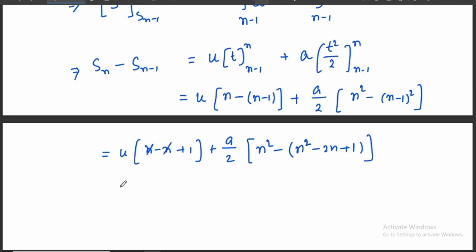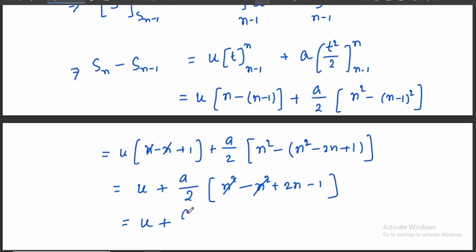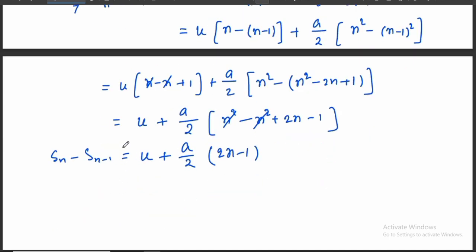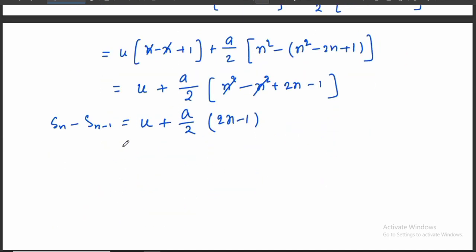So n gets cancelled, so it will be u plus a by 2 times (n square minus n square plus 2n minus 1). N square gets cancelled, so u plus a by 2 times (2n minus 1). So we get Sn minus Sn minus 1 is u plus a by 2 times (2n minus 1).